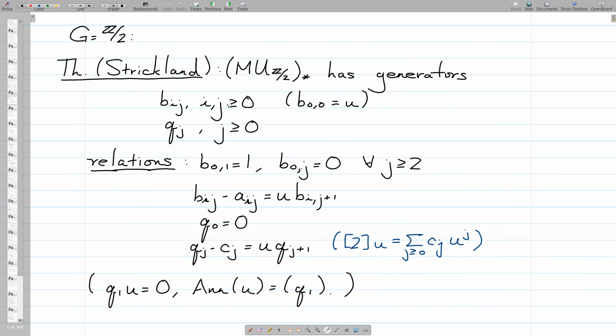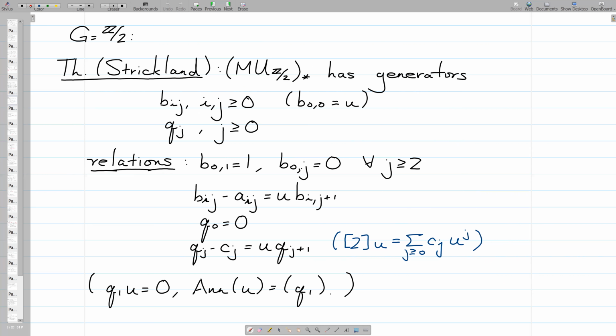So here's a theorem that's due to Strickland that gives an explicit calculation of the Z mod 2 equivariant mu. I should mention it has generators as a mu star algebra.